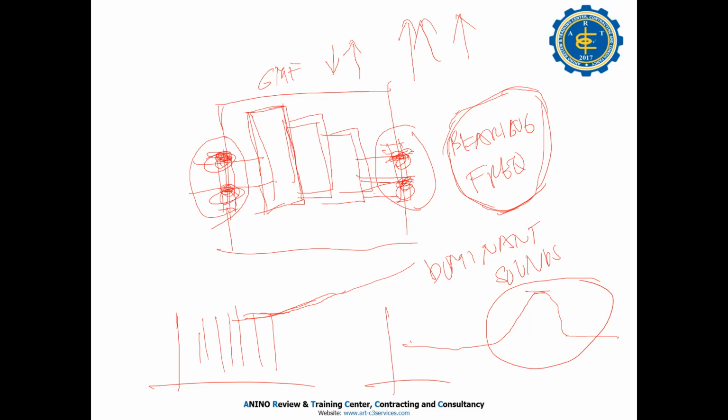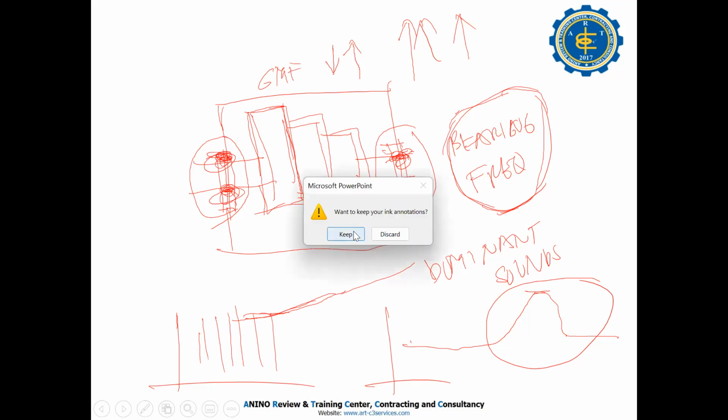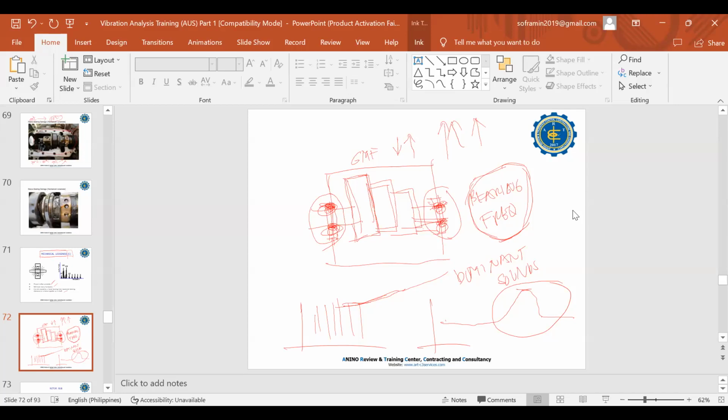I'll share the screen. Host disabled attendee sharing. Can I share the screen? Yes, you can share this one. Sir, to share it, you have to disable it.